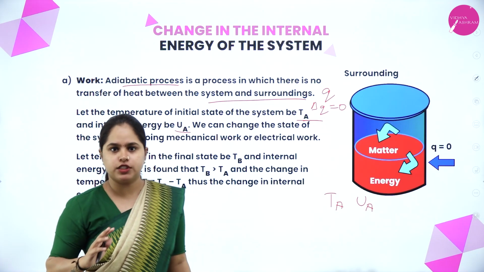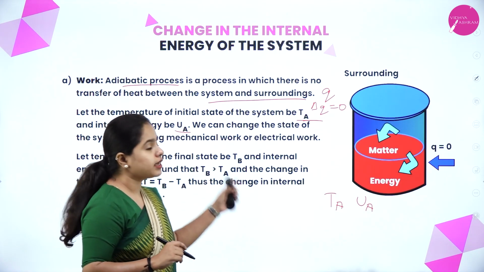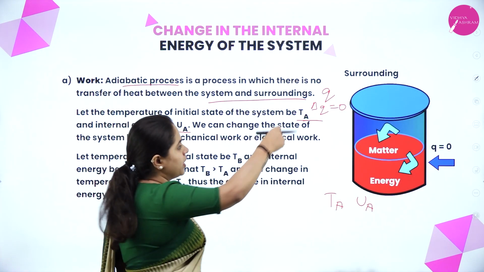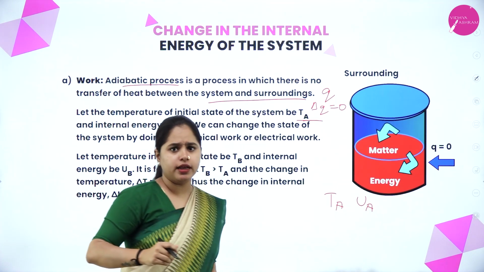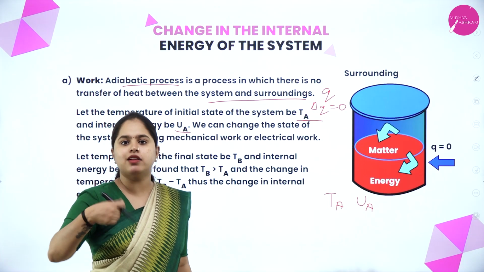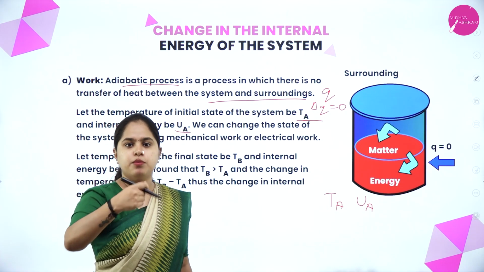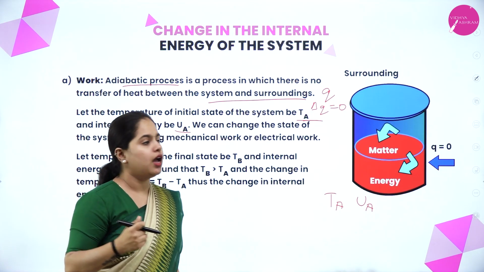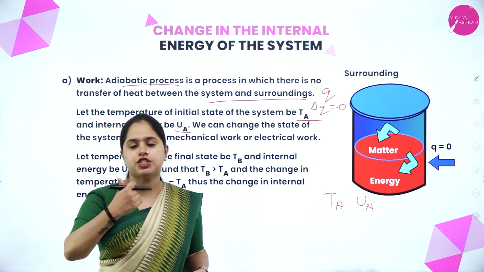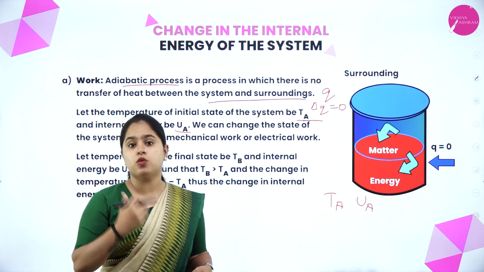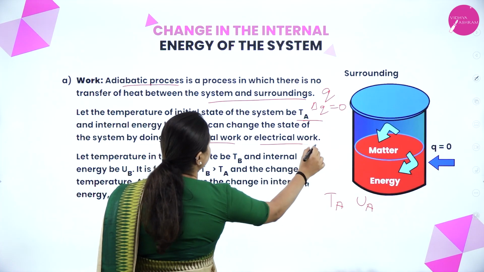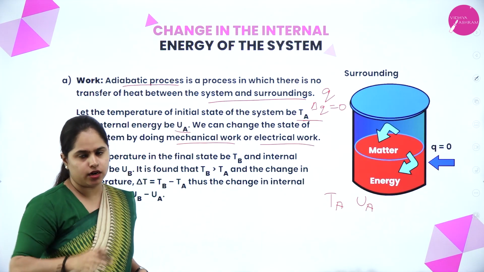Mechanical work means I insert a rod and continuously stir it, so a mechanical work is happening there. Another way is to dip an electrical rod in it and supply electrical energy, that is, an electrical work. Either mechanical or electrical work can be done on the system.